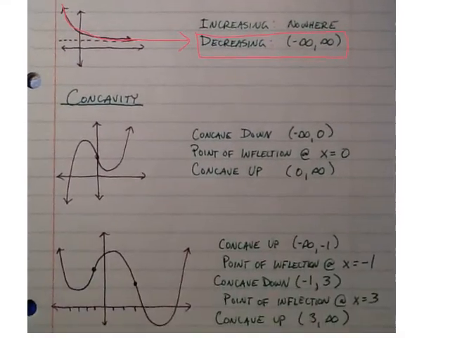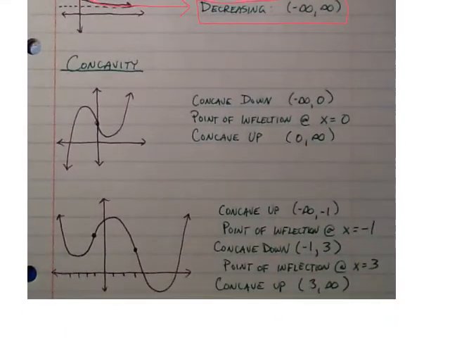As we move down to concavity, concave down means that the graph has some sort of downward shape, whereas concave up means the graph has some sort of upward bowl shape.